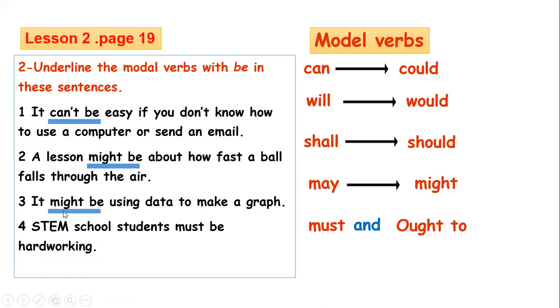That's right. Sentence number 4, STEM school students must be hardworking. Try to find out the modal verb. The modal verb here is must. So these are the modal verbs: can, could, will, would, shall, should, may, might, must, and ought to.